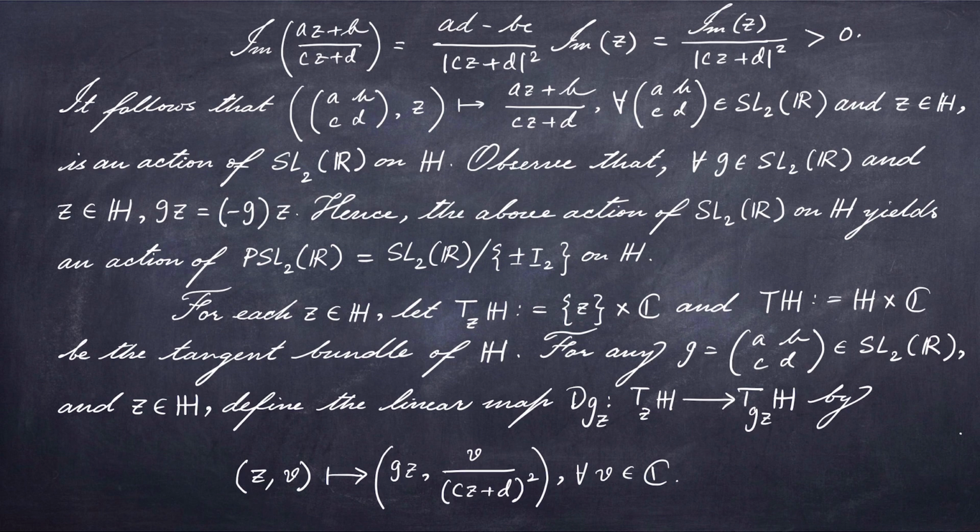The next thing that we observe is that for every g in SL2(R) and z in the upper half plane, gz is the same as (-g)z. Because in the case of -g, you will have (-az-b)/(-cz-d), which is exactly the same as gz.